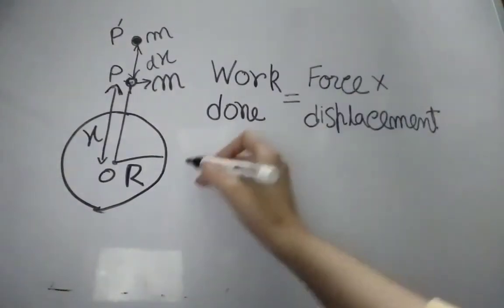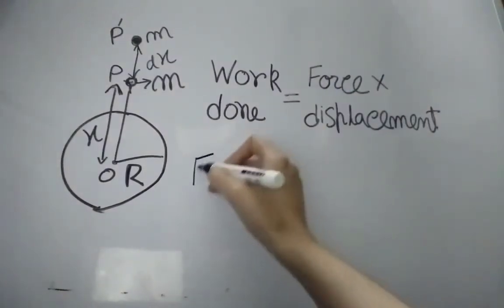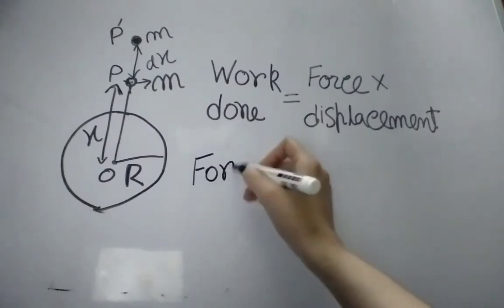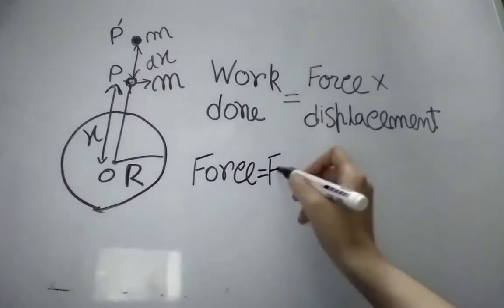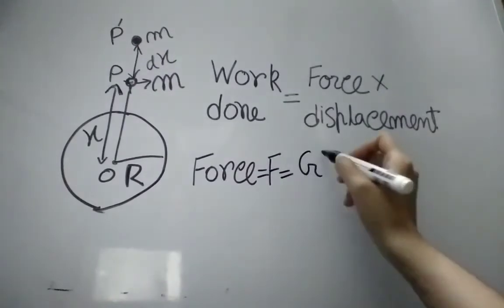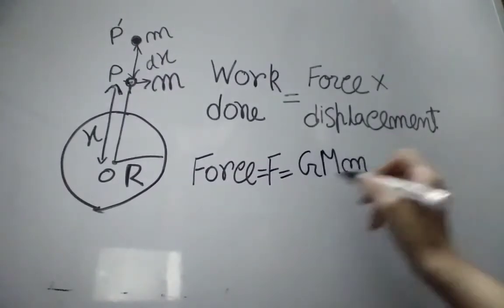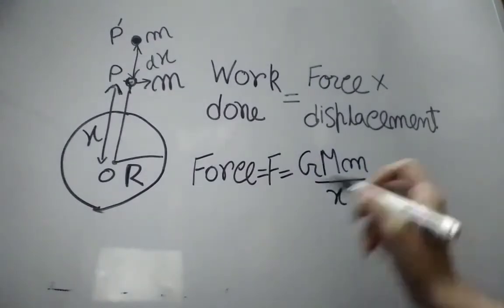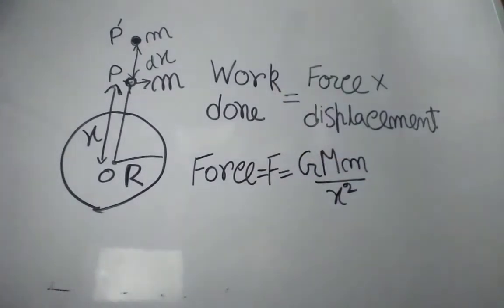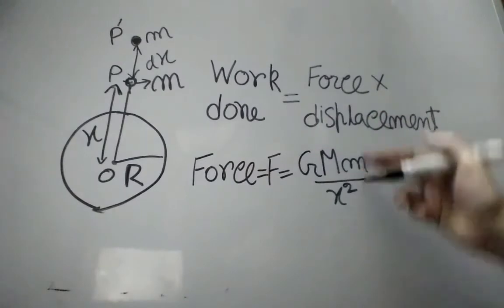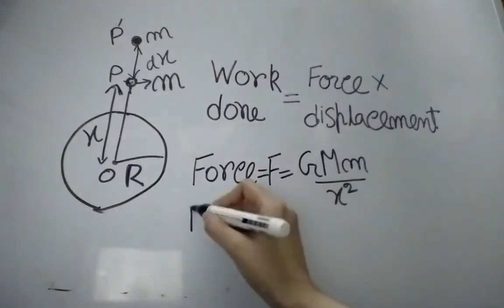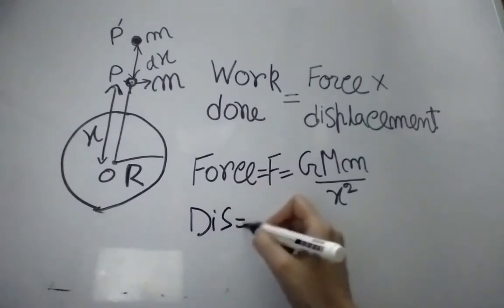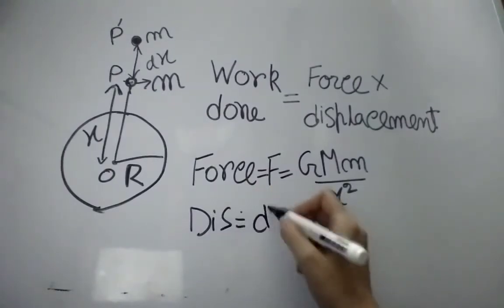Now what is the force? The force on the object is due to the earth's gravitational pull, and that is equal to GMm by x square. So this is the force, and what is the displacement? The displacement is dx.